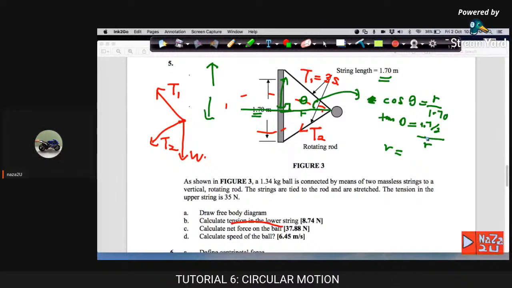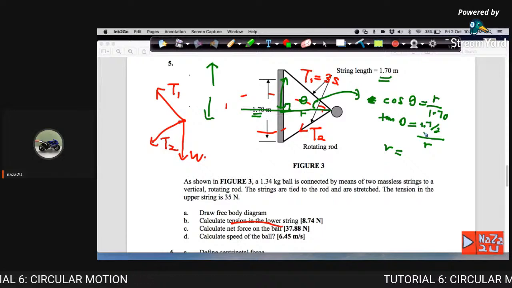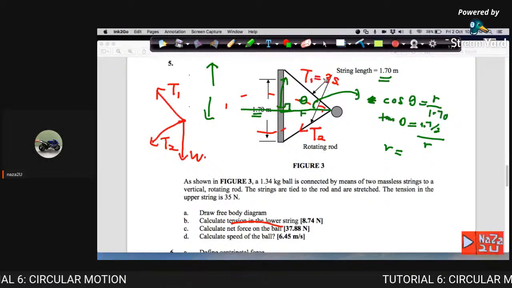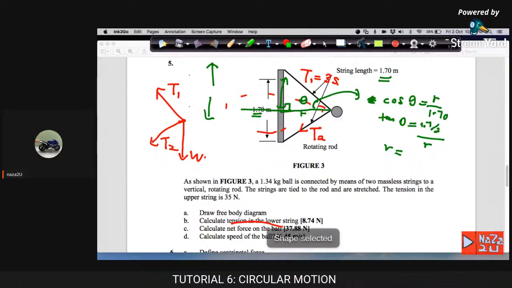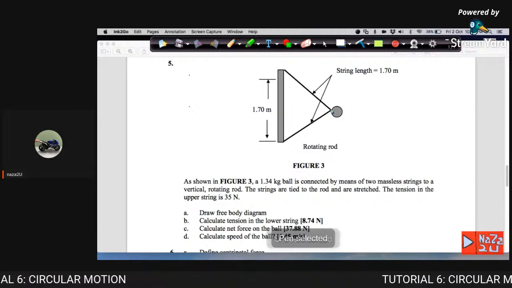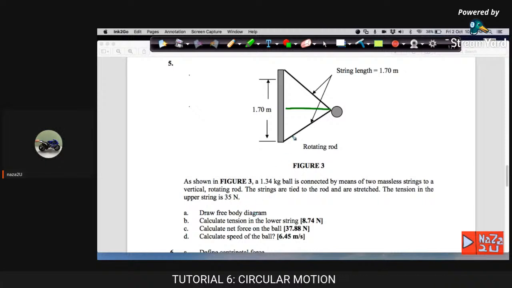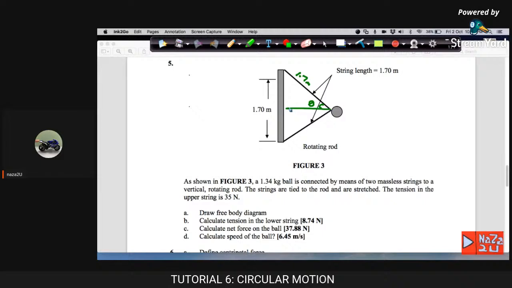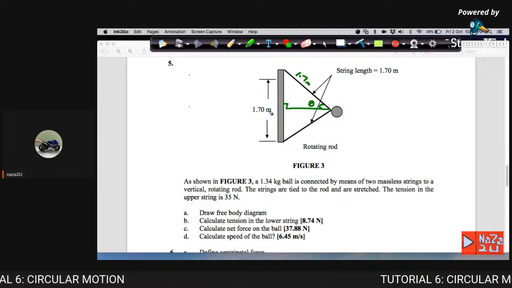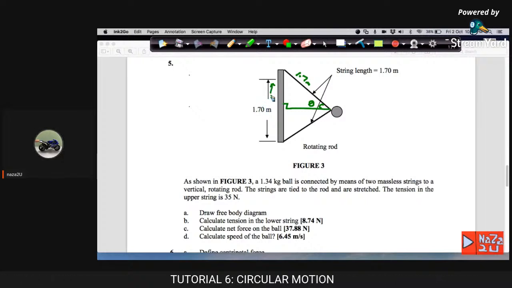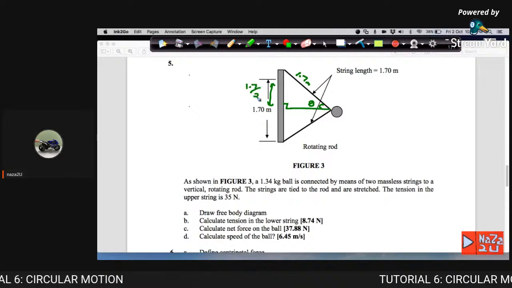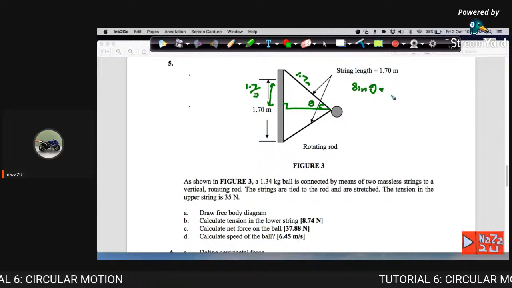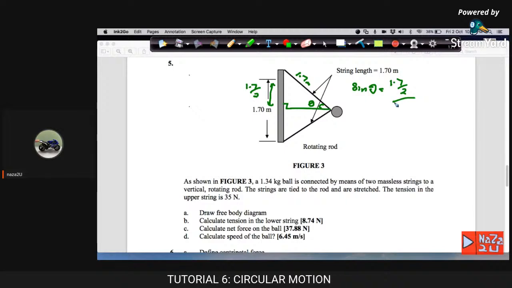Tension. If we want to find R there, how do we find it? T sin theta. Let's do this first. This is 1.7 meters, and this is theta. To find the length here, it is 1.7 divided by 2, so we can find the value of theta. You can use sin theta equal to 1.7 divided by 2 divided by 1.7.